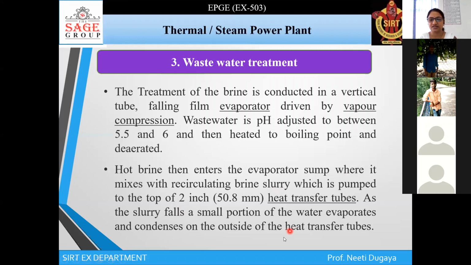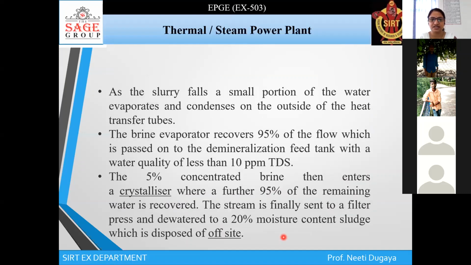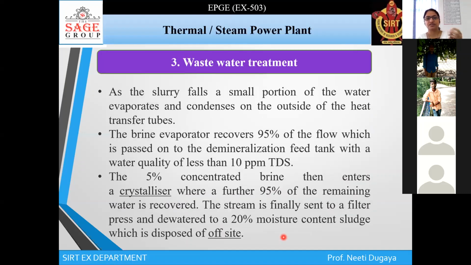The slurry goes to the heat transfer tubes, and as it falls, the water evaporates and condenses outside the tube. The brine evaporator recovers 90% of the flow, which is passed to the demineralized tank with a water quality of less than 10 ppm TDS.